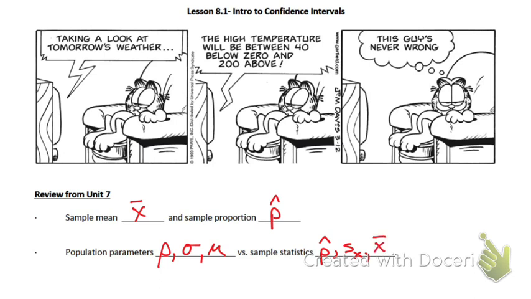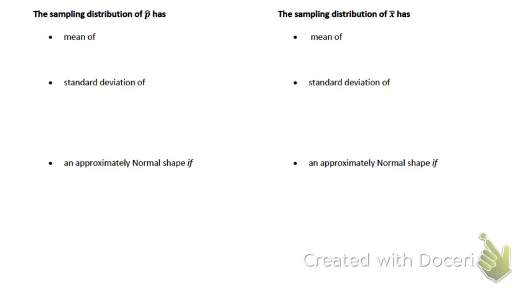We are going to continue using these notations and these population parameters. Just like we did in chapter 7, we're going to focus on proportions and means. So let's just review.